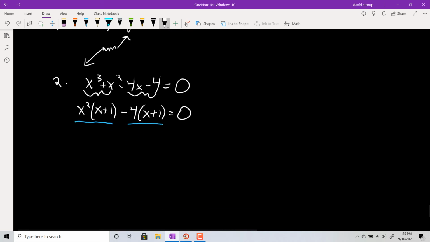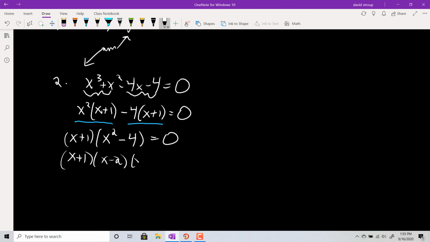So we can factor x plus 1 out of both of those, and you'll be left with x squared from the first term, and minus 4 from the second term. And then we can factor x squared minus 4 into x minus 2 times x plus 2. So our zeros will be negative 1, 2, and negative 2.